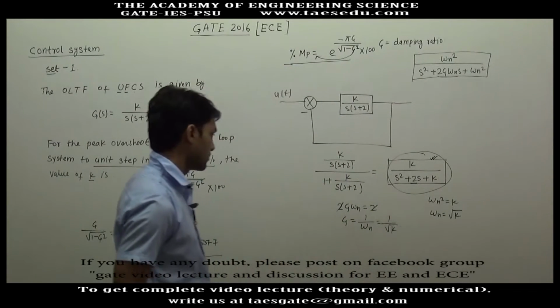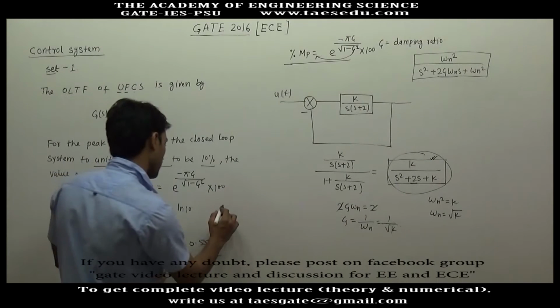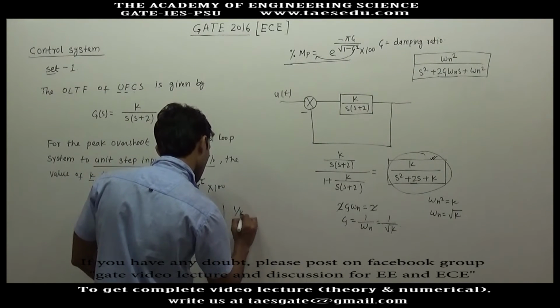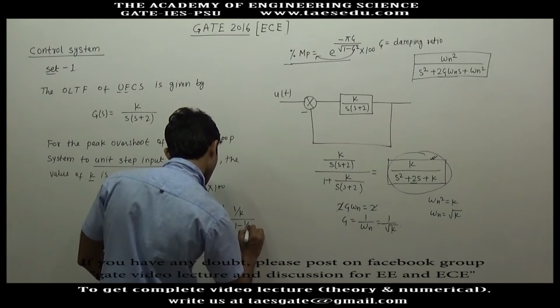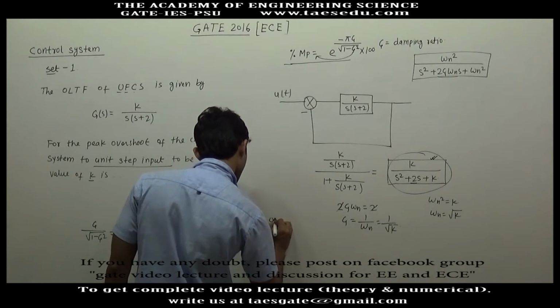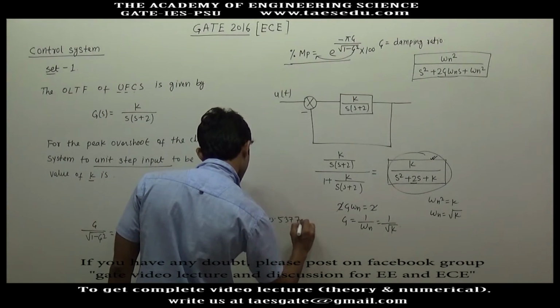So zeta square will be 1 upon k. Here zeta square divided by 1 minus zeta square will be (1 upon k) divided by (1 minus 1 upon k). This is equal to 0.5377.